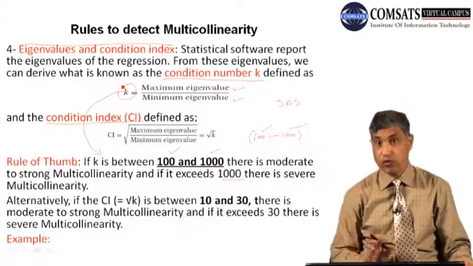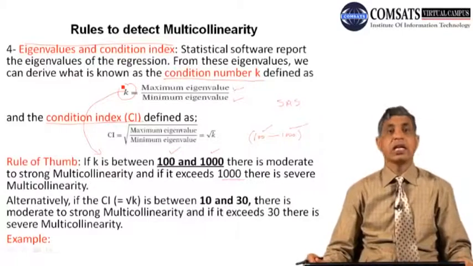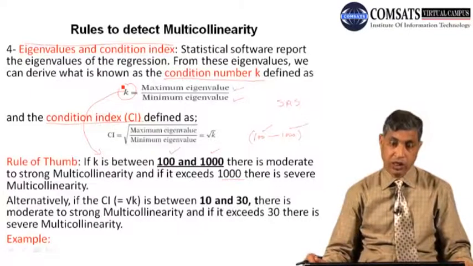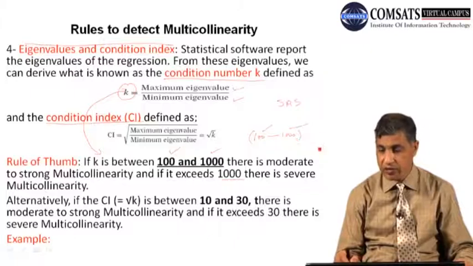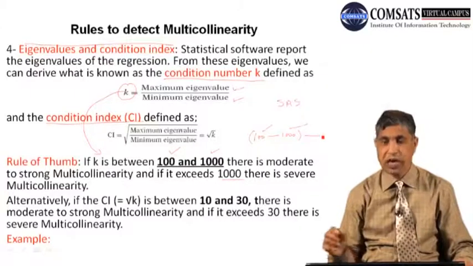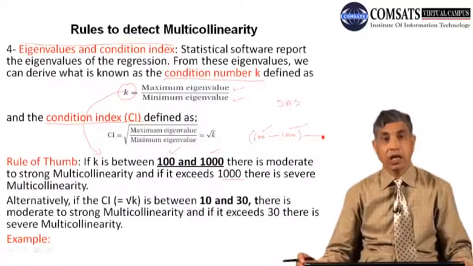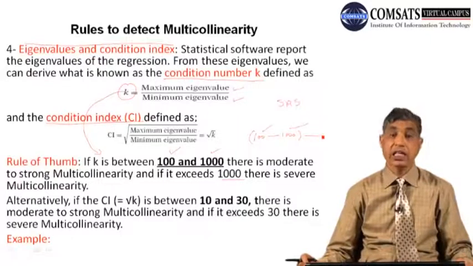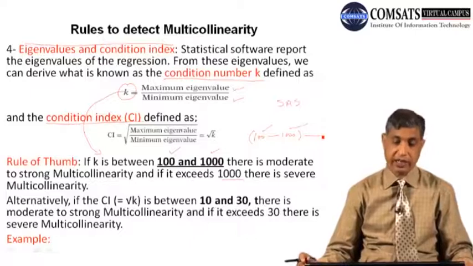But as you go very near towards 1000, there is strong multicollinearity. And if your calculated value goes beyond this, then there is very strong, or even severe, multicollinearity.